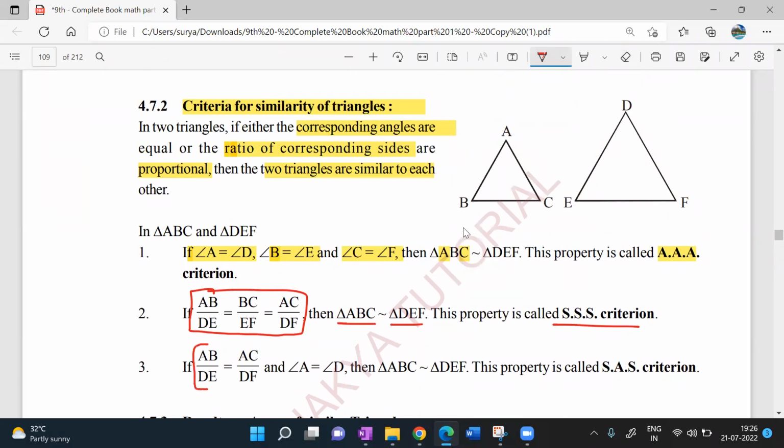If AB by DE and AC by DF are equal, and angle A and angle D are equal, try to understand carefully here.